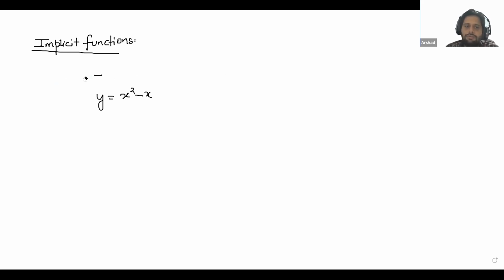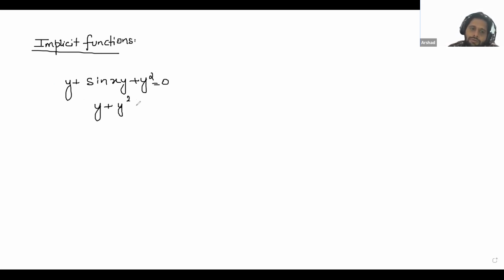But if we take an example like y plus sine xy plus y square is equal to 0, then it is not possible for us to write y completely in terms of x. For example, if you shift this sine xy to the right side, you will get y squared plus y is equal to minus sine xy.